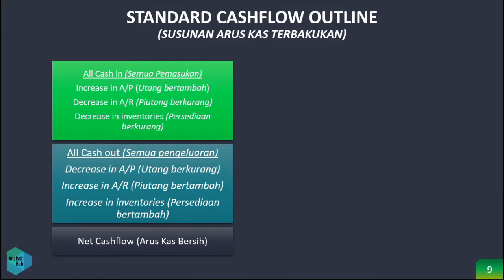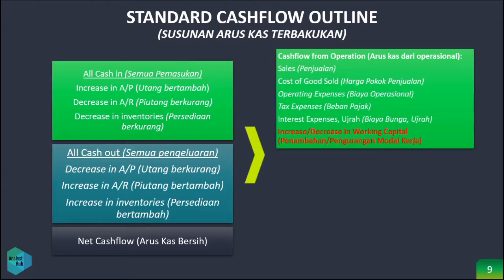Cash flow from operation is cash flow that is related to the company's business operation. It could be sales revenue, COGS, operating expenses, and tax expenses. Interest expenses and ujrah expenses must also be put in this group.